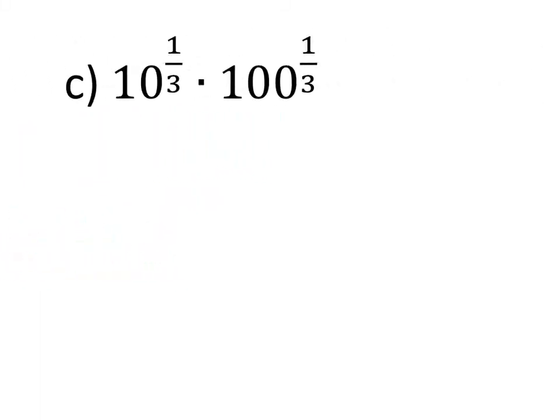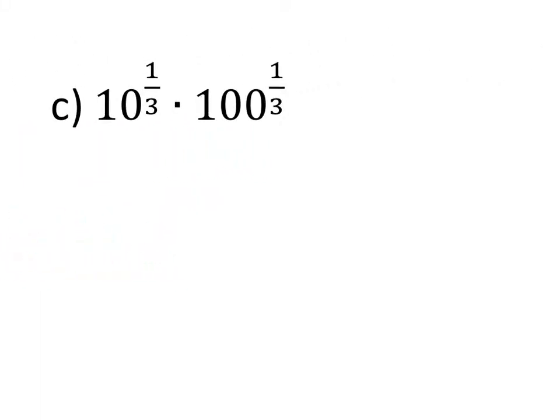Next one. How you want to do it? 10 times 100. Right there. Okay, so let's write them as radicals first. So cubed root of 10 times cubed root of 100. We have the same index, so we can write it as one big one.